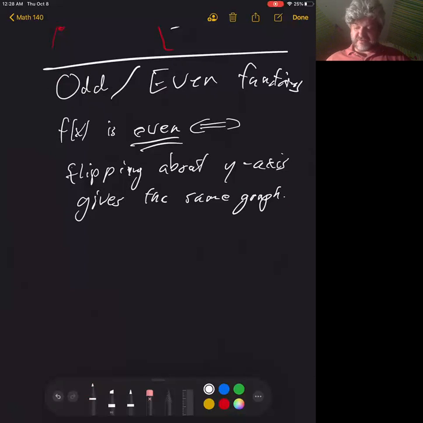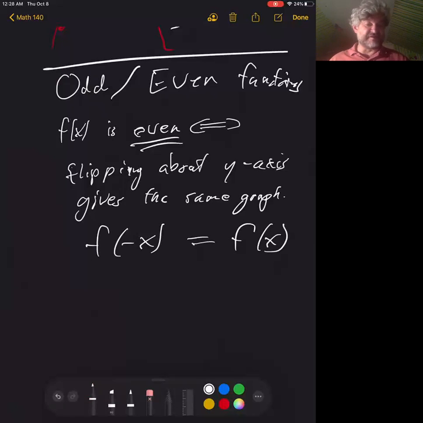And as an equation, the flipped function about the y-axis is f of negative x. And that's supposed to be the same thing as f of x. So here's your equation to check whether a function does this. The graph, when you flip it about the y-axis, is the same.